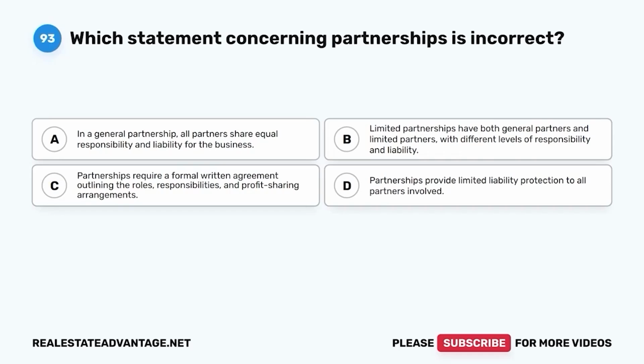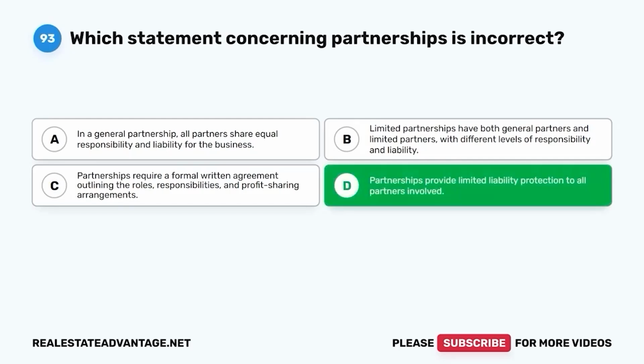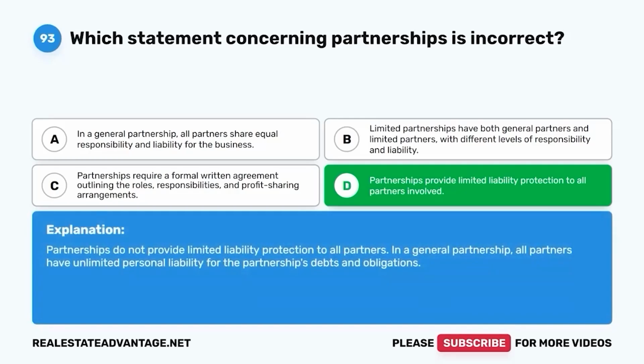D. Partnerships provide limited liability protection to all partners involved. The correct answer is D. Partnerships provide limited liability protection to all partners involved. Partnerships do not provide limited liability protection to all partners. In a general partnership, all partners have unlimited personal liability for the partnership's debts and obligations.